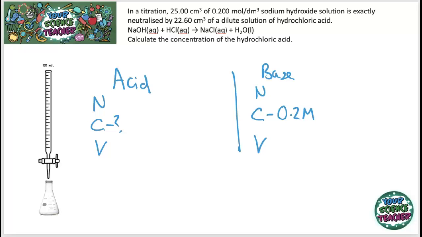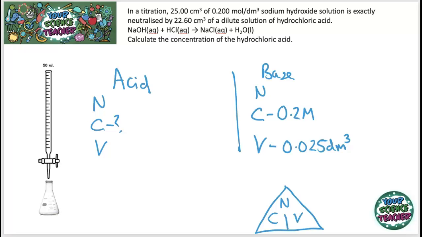And my volume of it is 25 centimeters cubed, which can also be written as 0.025 decimeters cubed. The reason I'm putting it into decimeters is because, if you remember, to get the number of moles you do the concentration times the volume, and the concentration is given in moles per decimeter cubed.